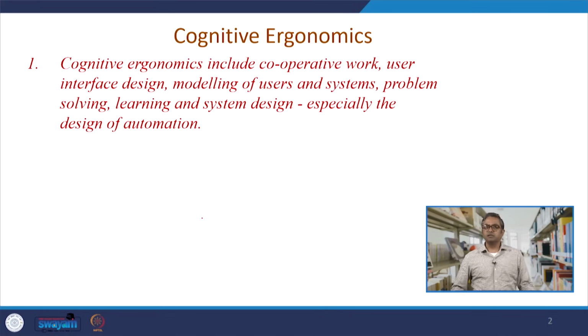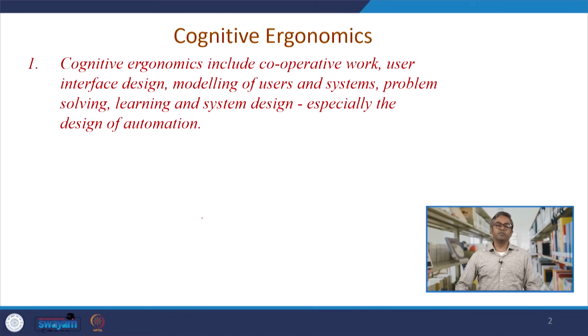Recently, we have seen technological problems emerge immensely. So, different solutions are required. Learning about a system and its design has created its own challenges. The design of automation itself is providing its own challenge.